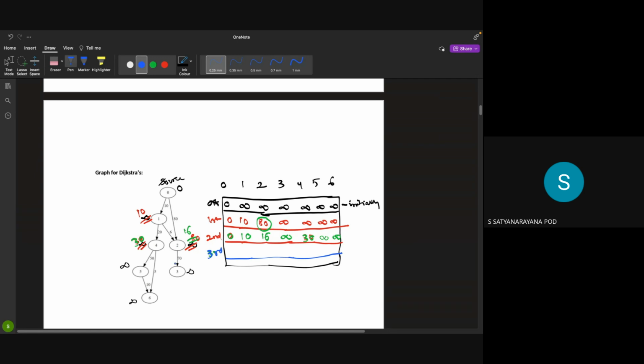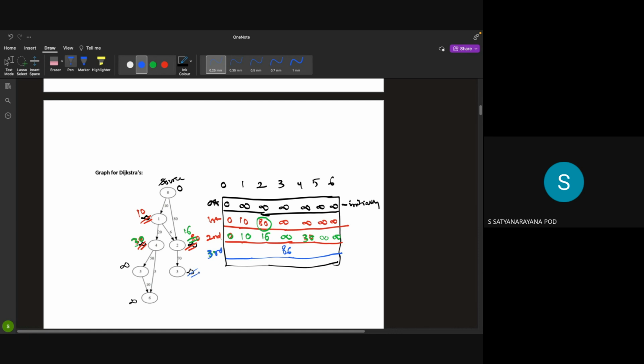Now we are going 2 to 3. Already up to 2 it is 16, it's there, no? 16 plus this 70, how much is there? 86. The reachability for this particular 3 is 86.